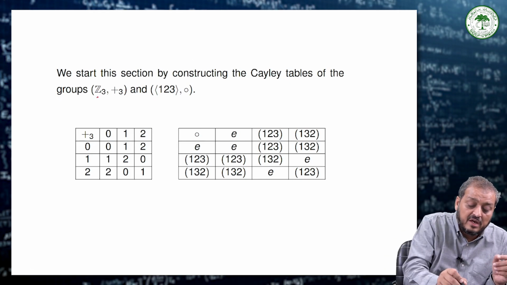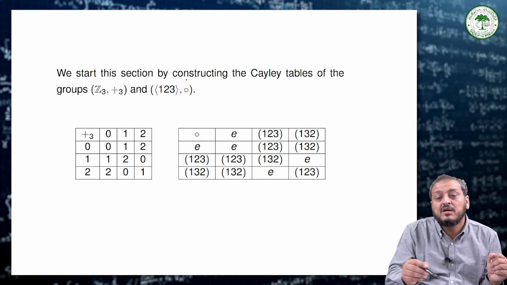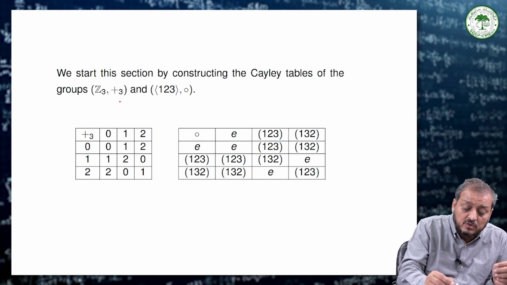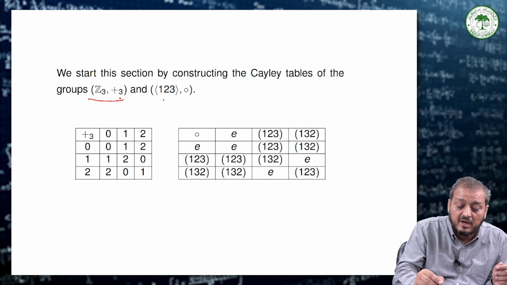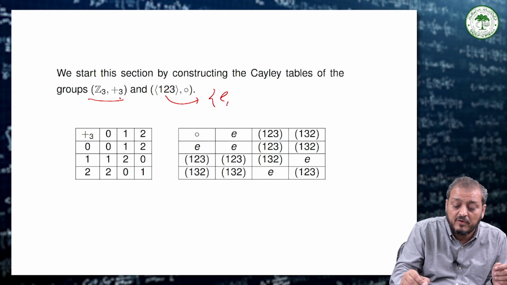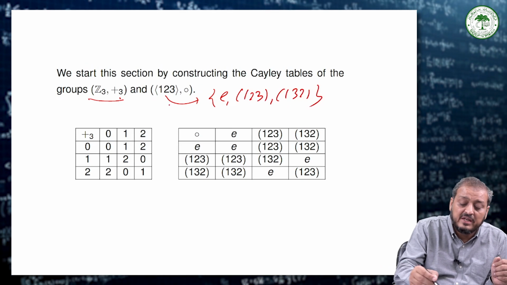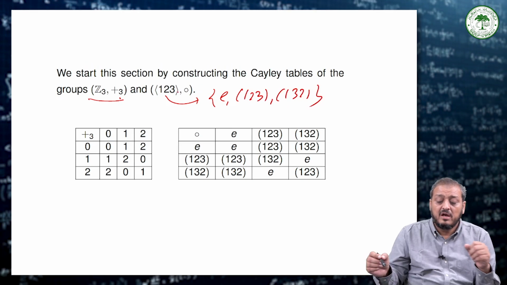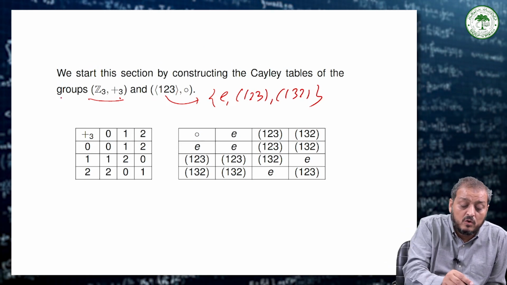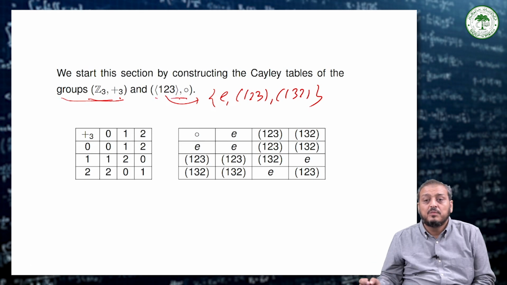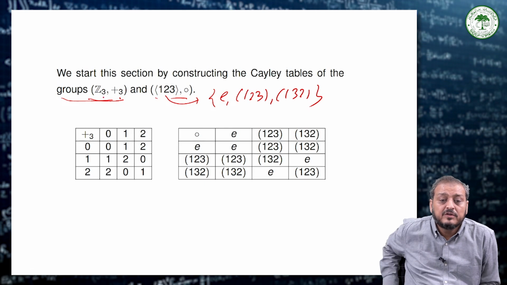One is Z3 under addition, and the other is a subgroup of S3, generated by (1 2 3), whose elements are the identity, (1 2 3) and (1 3 2). This is clearly a subgroup of S3. So I take these two groups and construct a table for each.